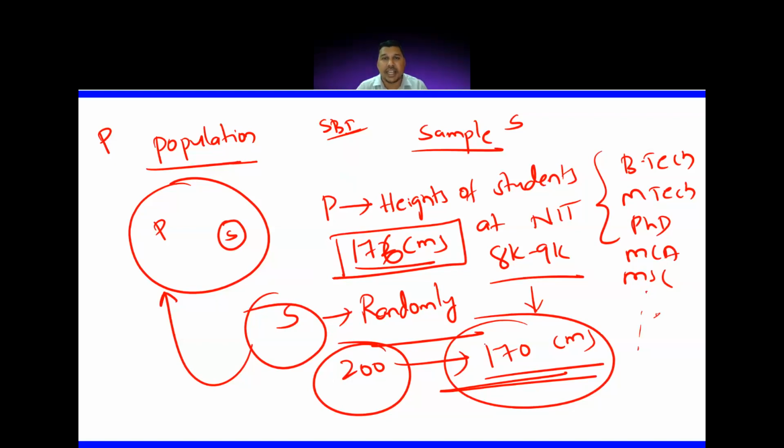But it gives a rough idea. So using these sample metrics, I try to comment about the population's metric. I am saying the average height of the whole population of NIT Trichy can be near 170.